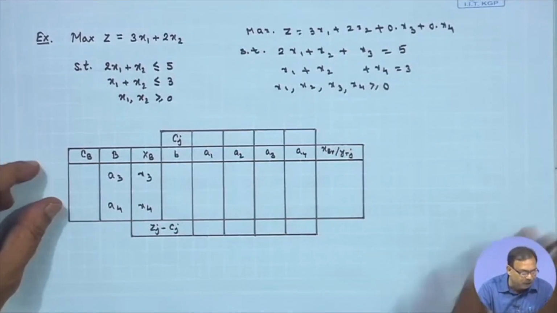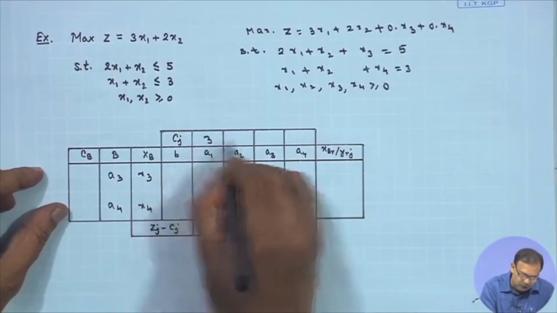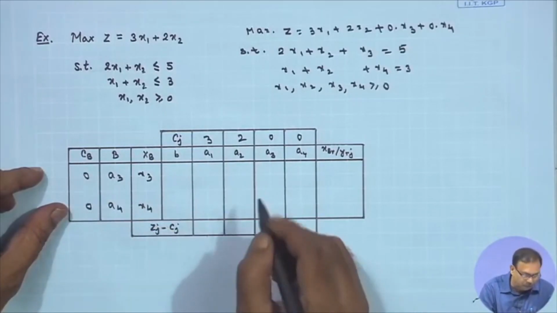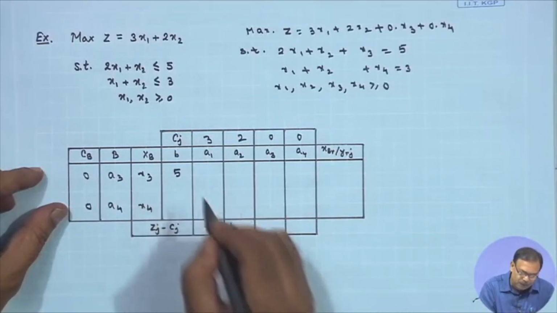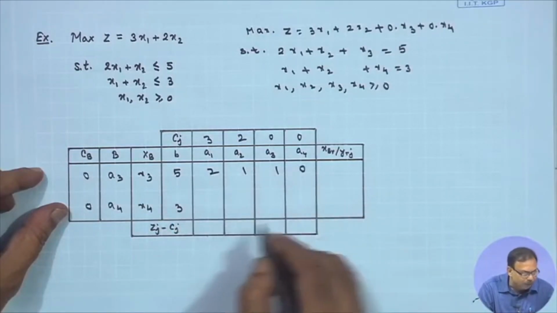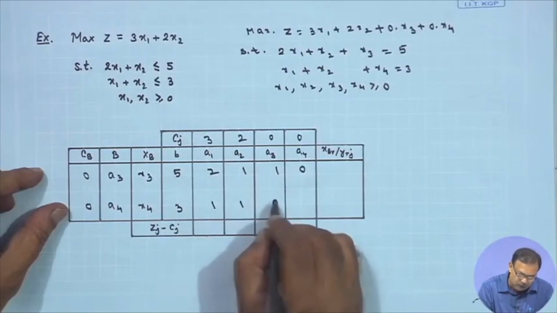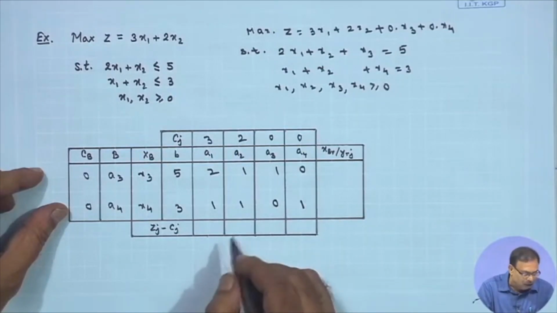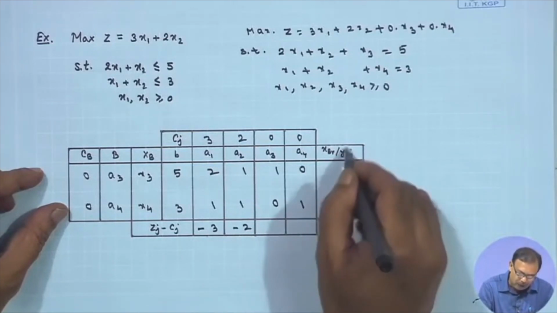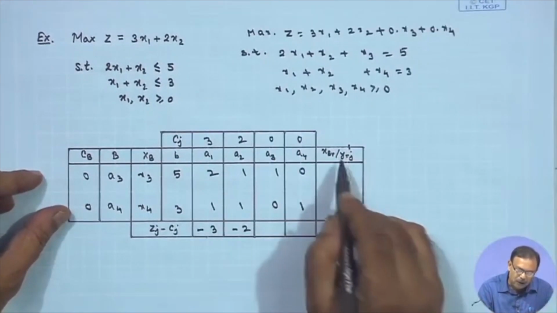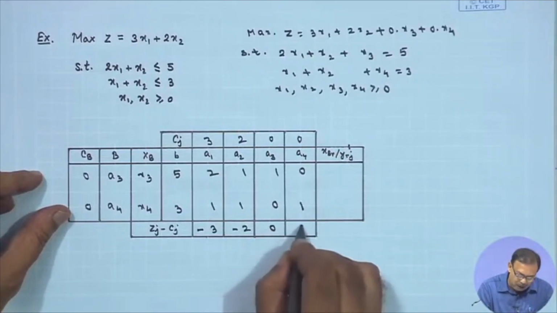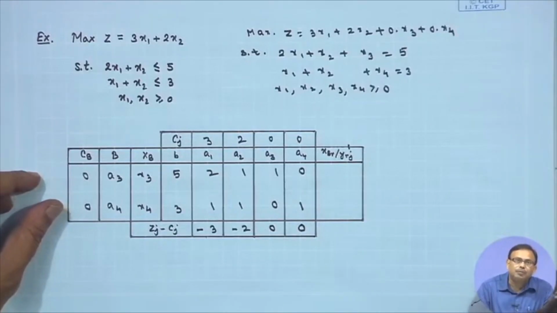So, it is 3 2 0 0, your values are 0 and 0, and your b value is 5 and 3. So, 2 1 1 0 and 1 1 0 1. Your z j minus c j is minus 3 minus 2 0 0. The ratio column is not required here.